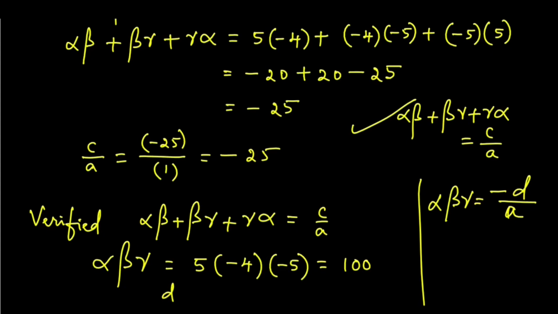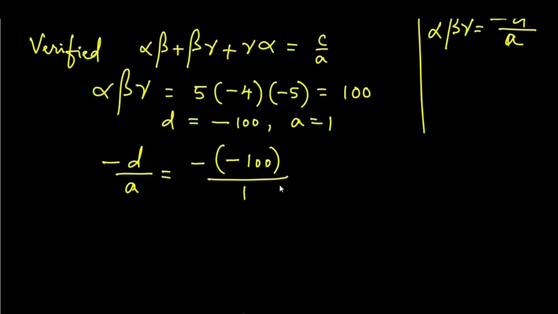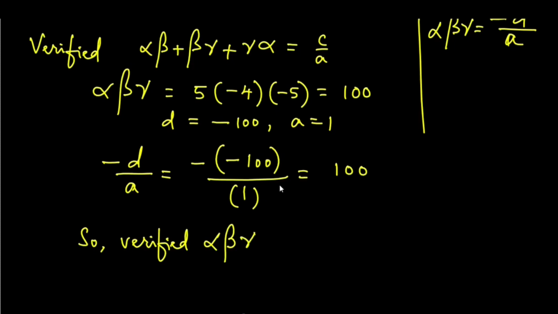We have d is equal to minus 100 and a is equal to 1. So minus d by a is equal to minus of minus 100 by 1. This is equal to 100. So verified, alpha beta gamma is equal to minus d by a.